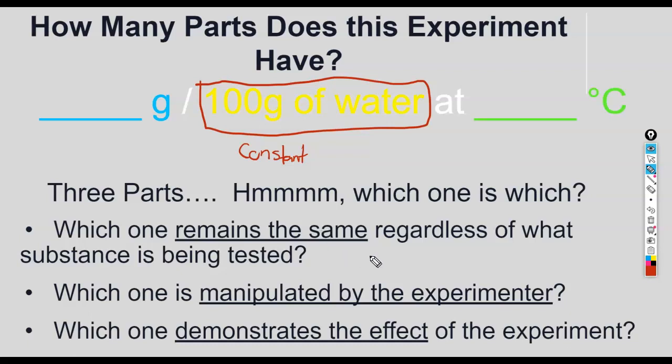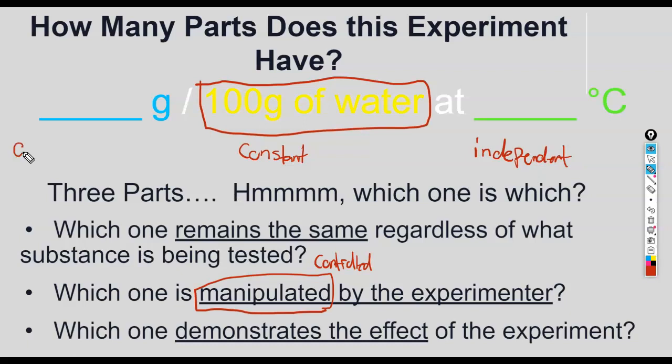And so the variable being manipulated, or controlled by the experimenter, as it says in the notes, is going to be the temperature. And so remember, the one being controlled is the independent variable.